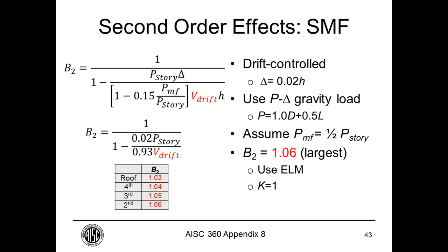I know that there are some engineers who would put 1.2 dead in this equation rather than 1.0 dead, but I'll just point out that the lateral load that causes the first order effect, so the seismic load that we're calculating, is based on 1.0 dead. And it seems inconsistent to me to use 1.2 dead for a second order amplifier on that and use 1.0 for the first order force. So I'm just being consistent with the mass that's used to calculate the first order force.